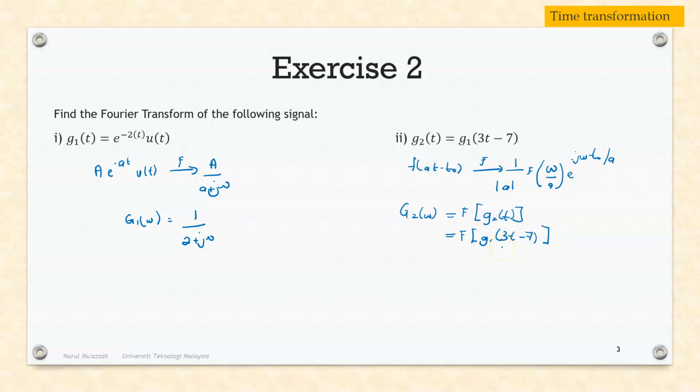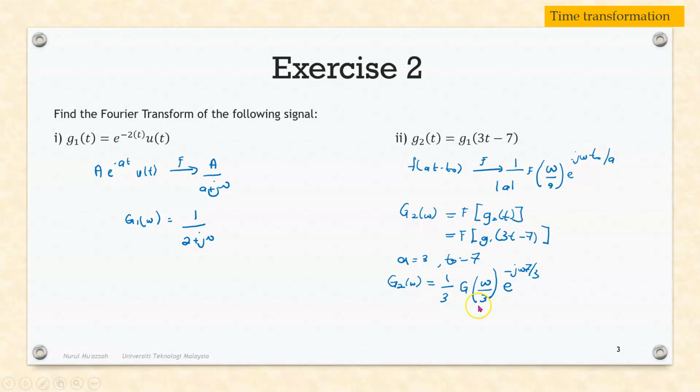From here we know that a is 3 and t0 is 7. So we get that g2(omega) is equal to 1 divided by 3. Why 3? Because we use the transformation property, so divide by a, and a is 3. Then G1(omega divided by 3) multiplied by e^(-j omega), where t0 here is 7 divided by 3.